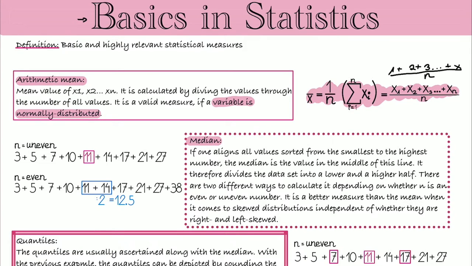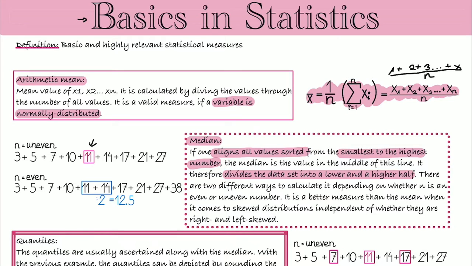If you align a data set in one line, then the median is the value in the middle. This is a graphical depiction, and I guess it's easier to understand it like that. So the median is the value that divides a dataset into a lower and a higher half.